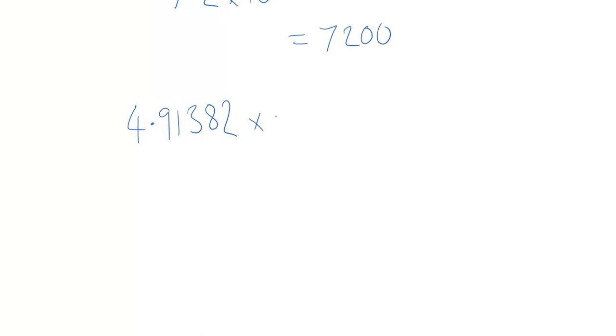Let's do this again. 4.9132 times 10 to the power of 4. So again, what we're going to do, let's write this number out without the decimal place, 49132. Let's put some zeros just in case we need them. You can probably guess we're not going to need them, but let's write them there as standard practice. Now, originally, the decimal place was between the 4 and the 9.